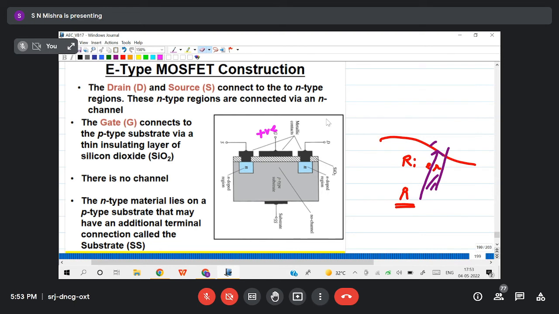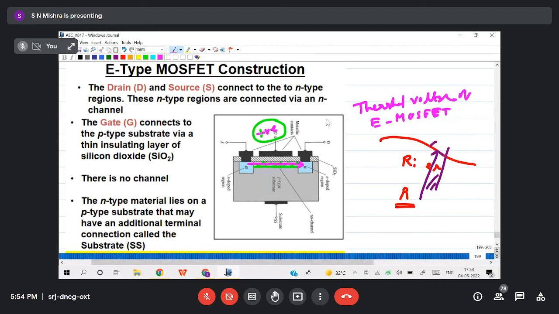Okay, so the minimum positive voltage I should apply so that sufficient electrons accumulate here, and the electron movement from source to drain starts, is called the threshold voltage of the E-MOSFET. Depending upon doping and other factors, the value may vary, so maybe 1 volt, 1.5 volt, 2 volt, anything.